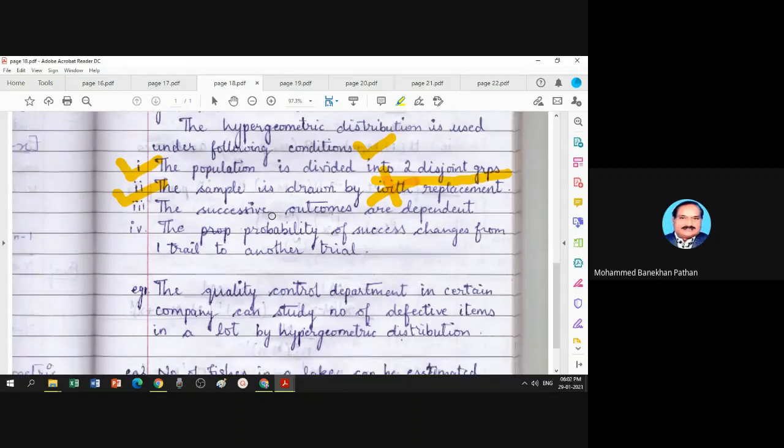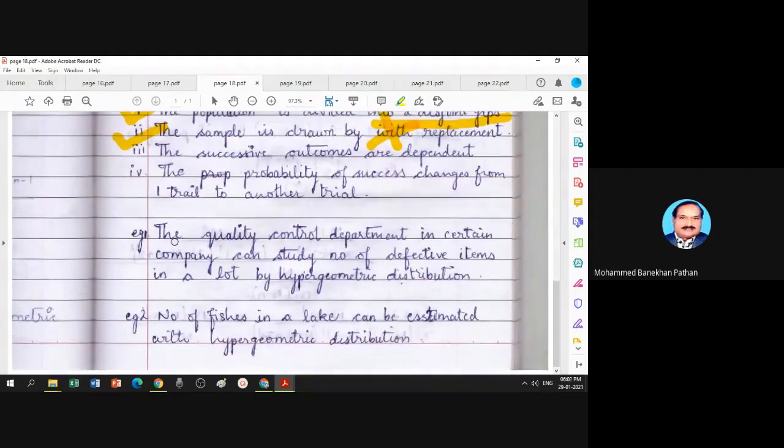hypergeometric distribution. An example from real life: the quality control department in a certain company can study the number of defective items in a lot by hypergeometric distribution. How can you apply hypergeometric here?